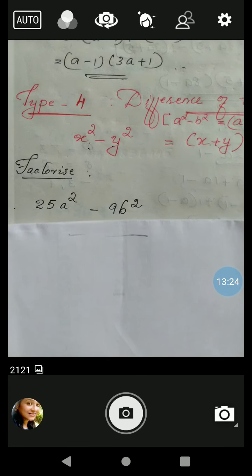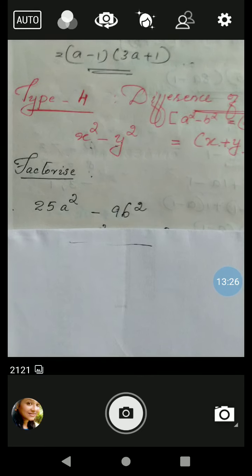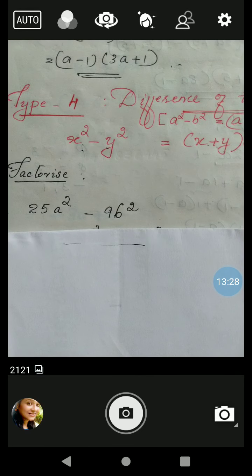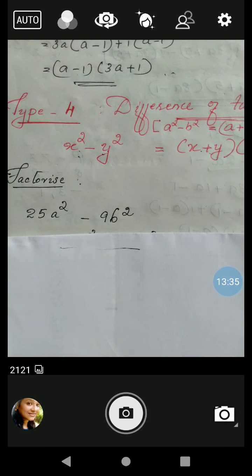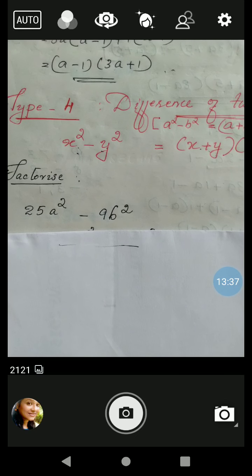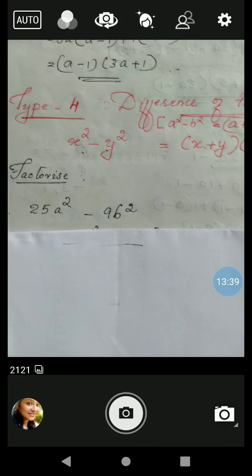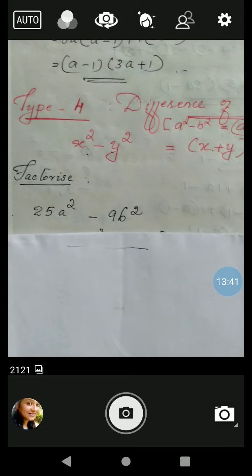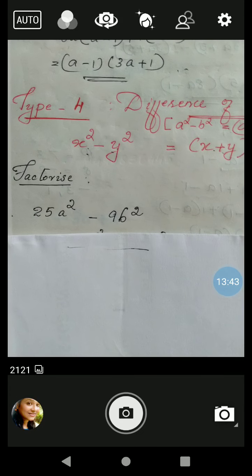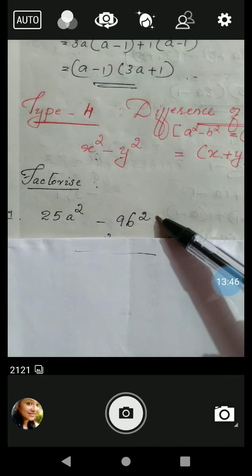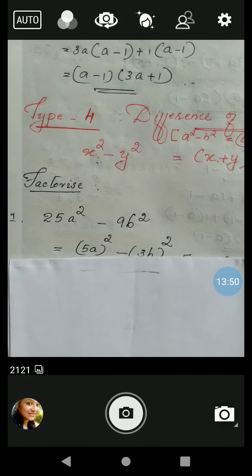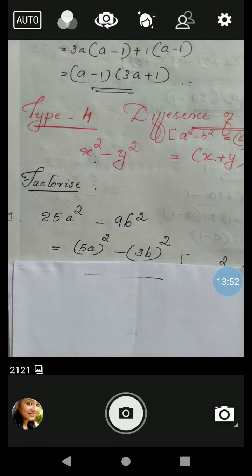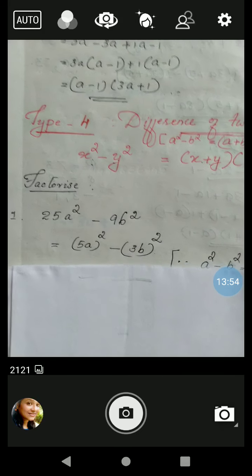Factorize completely. Look here. 25a square minus 9b square. This 25a square is a perfect square. 9b square is also a perfect square. So this 25a square can be written as 5a the whole square, and 9b square can be written as 3b the whole square. Right? Look here, 5a the whole square minus 3b the whole square.